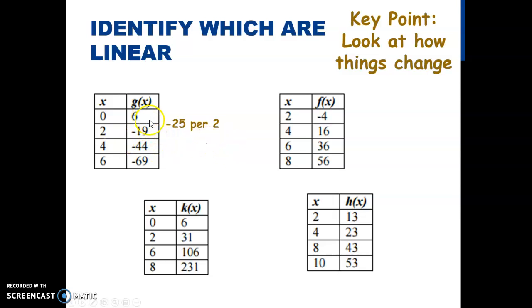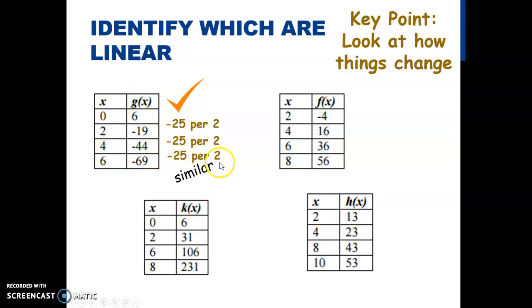My first one here is negative 25 per change of 2 x's, and this is consistent that way. That's also another negative 25 for a difference of 2 x's, and this last difference right here is also another negative 25 per 2 x's. That means these are all similar. That makes this a function, a linear function I should say.